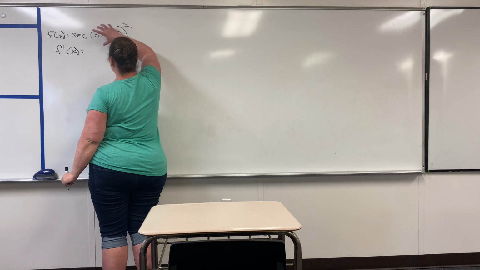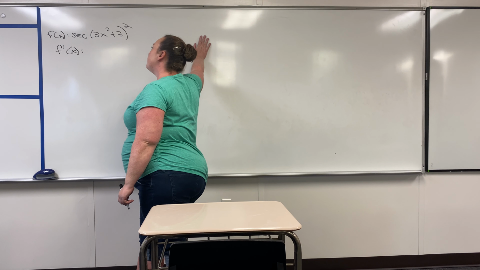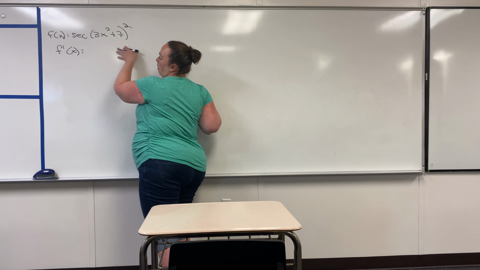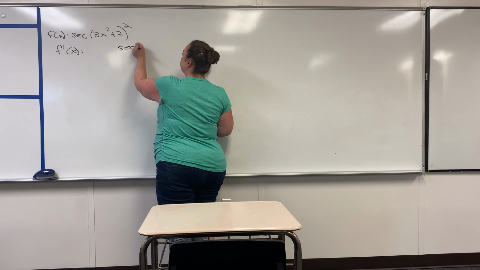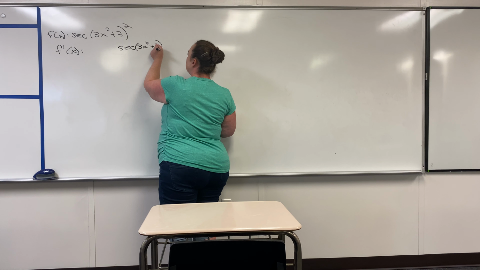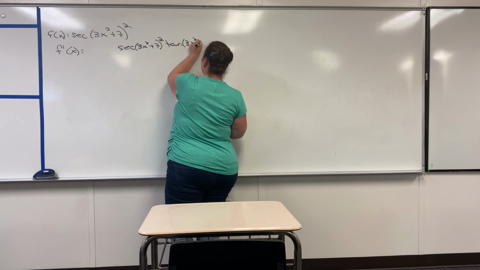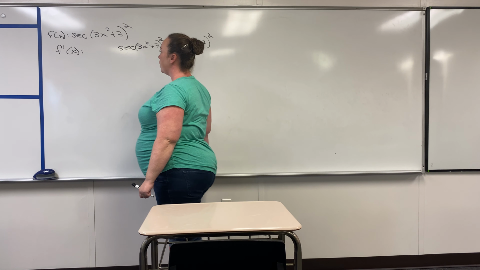I know that this is going to get involved somewhere, and I don't like cramming it in the back. I feel like it's awkward, so I'm going to leave some space here. So we've got secant, tangent. And notice when I'm writing that down, I've touched this not at all, okay?